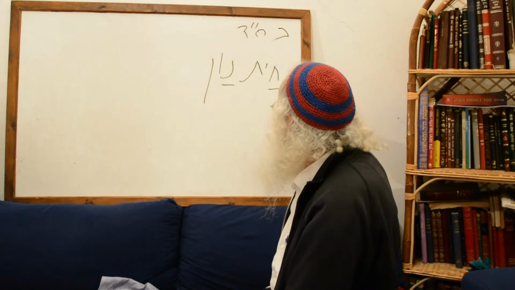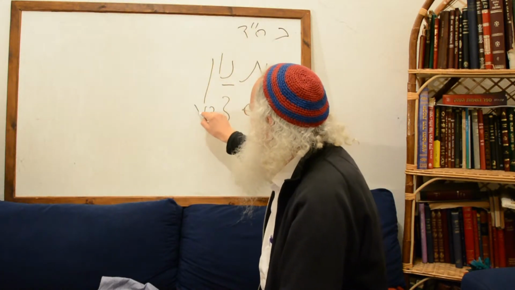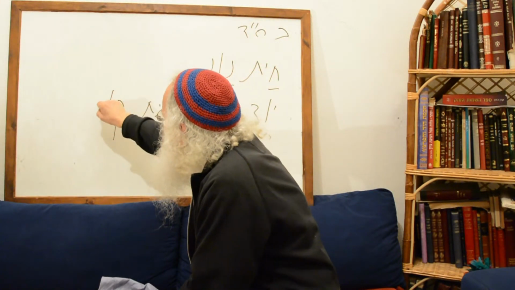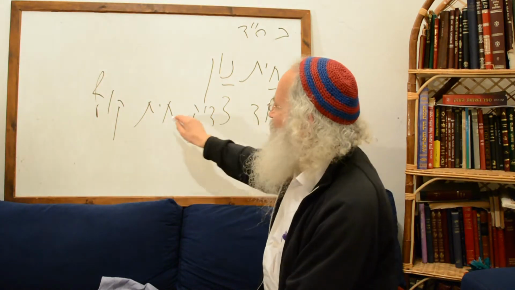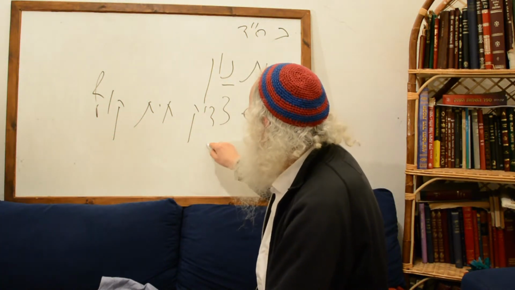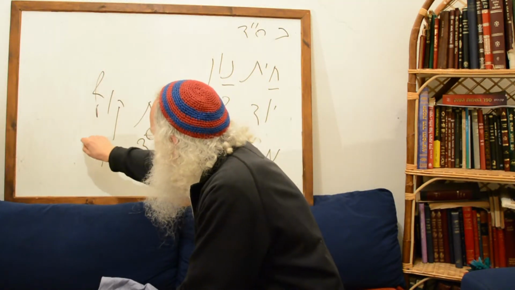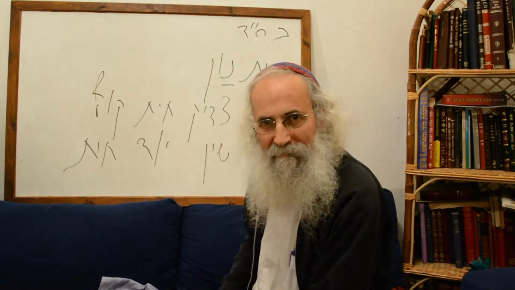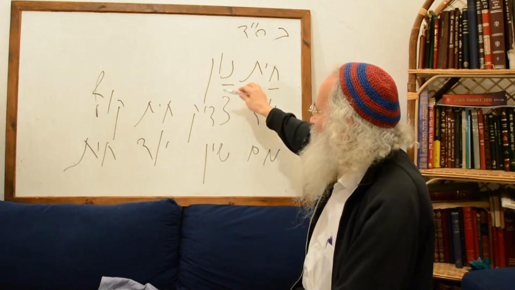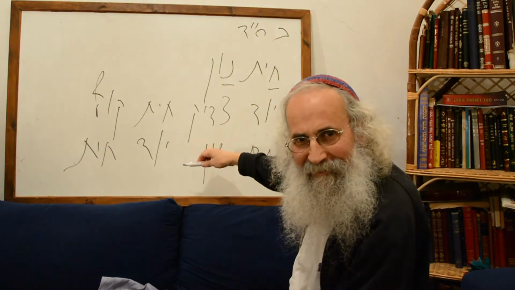And Yitzchak will be Yud, Tzadik, Chet, Kuf. And Mashiach, Mem, Shin, Yud, Chet. I have 3 words that become 10 words.